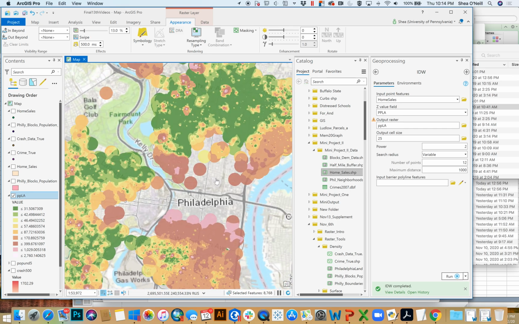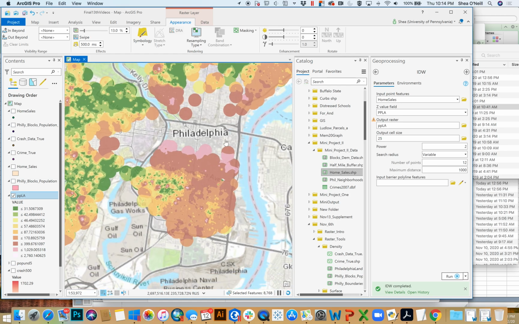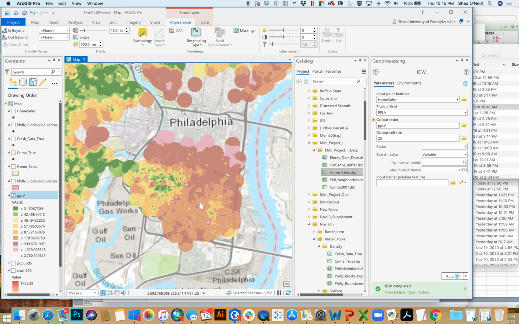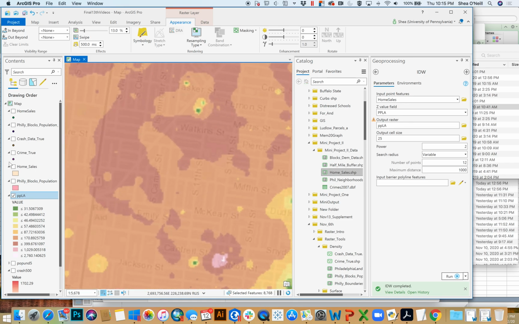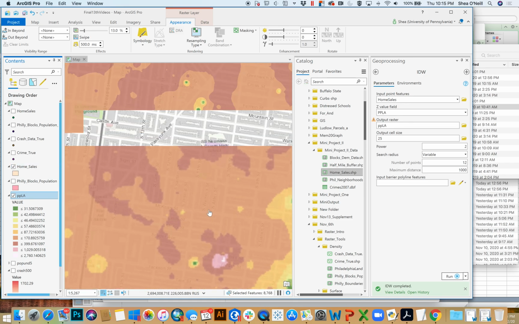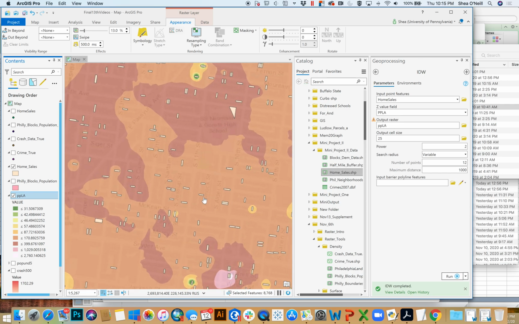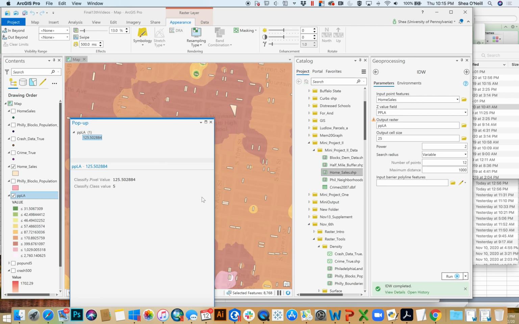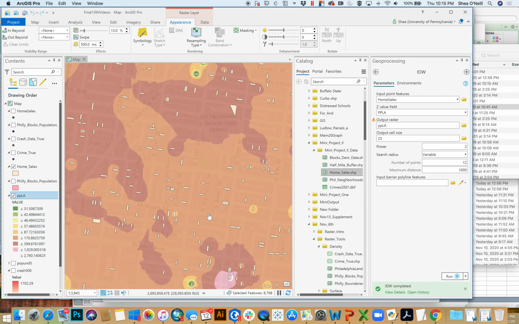If you only have a certain number of values that are known, you can use those known values to try to predict the unknown area. And that's what's coolest, right? If I then had a layer of home sales, I could layer them on top, and I could almost use that to predict. If I wanted to buy this home, I could click on the raster right next to it and predict that a reasonable price there would be like 125 per square foot, given everything that is around it.